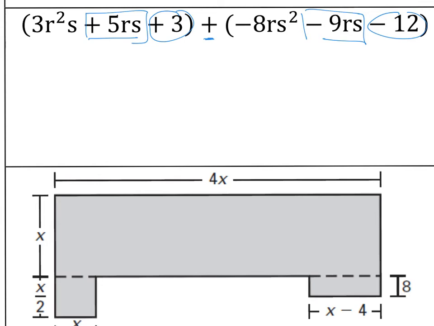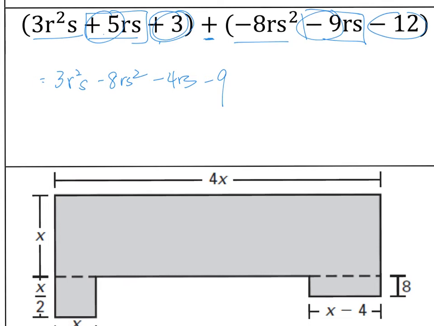So we can go ahead and rewrite this: 3r squared s minus 8rs squared, and then we could take this 5 minus 9, which makes negative 4rs, and then add the constant terms. Plus 3 minus 12 makes negative 9.